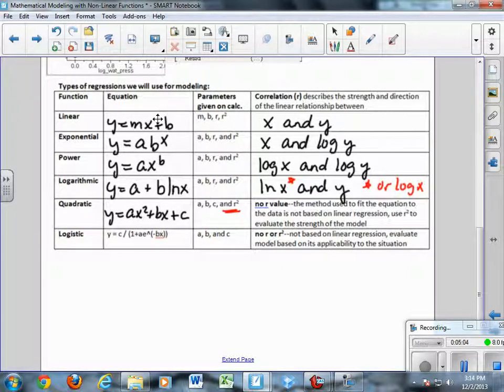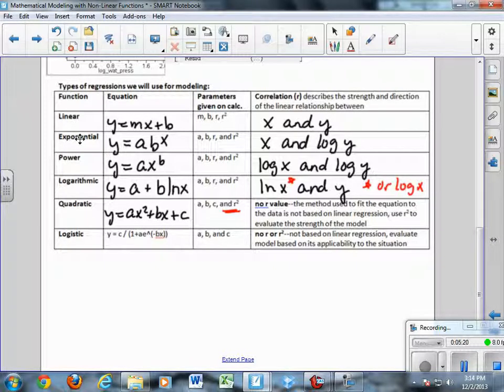The R in a linear graph describes the strength and direction of the linear relationship between the original two variables, x and y.